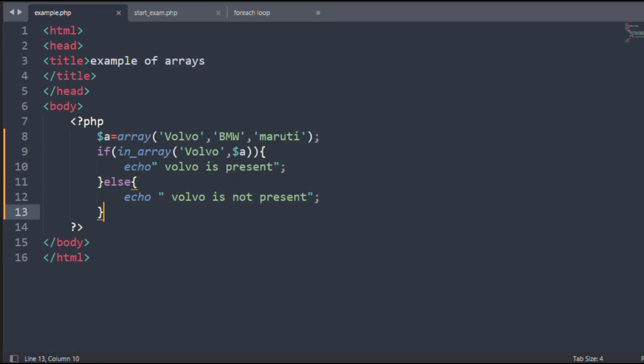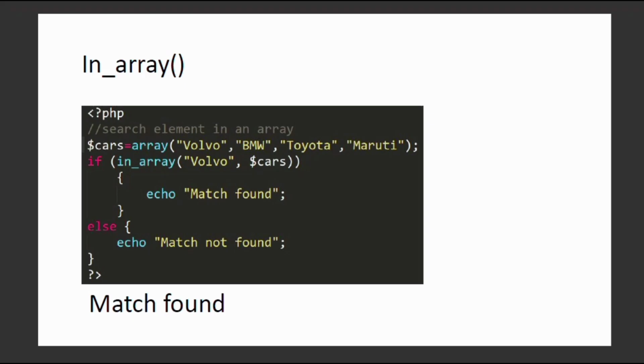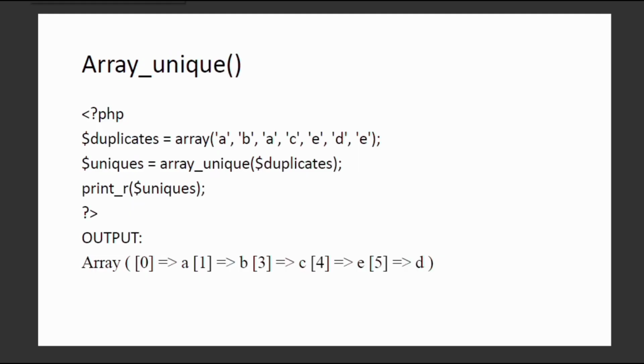Okay, the next function is array_unique. Array_unique is used to remove duplicate values from an array. It returns a new array containing only the unique values with the first occurrence preserved.